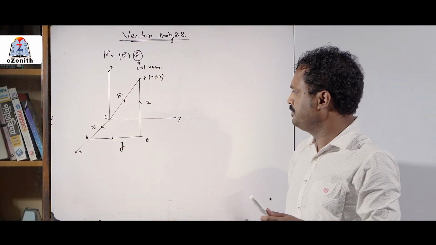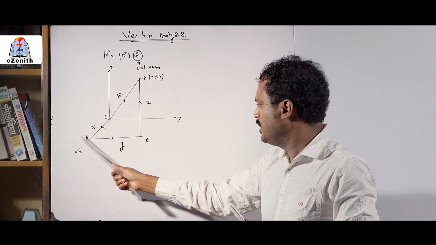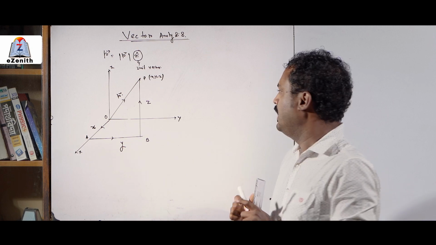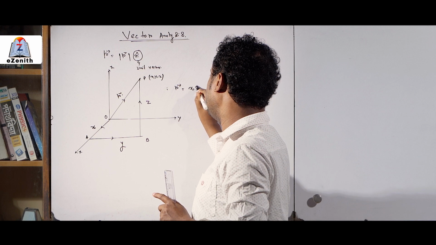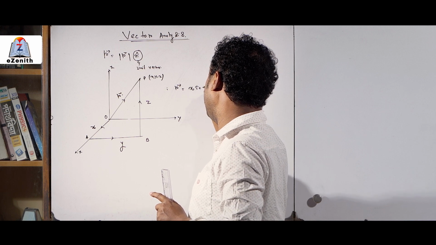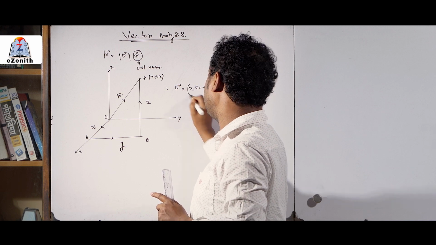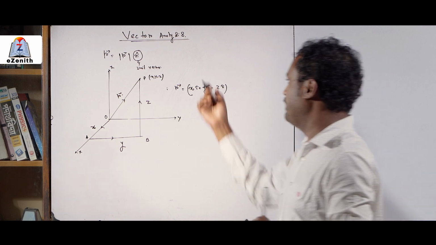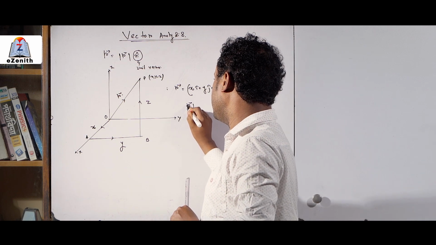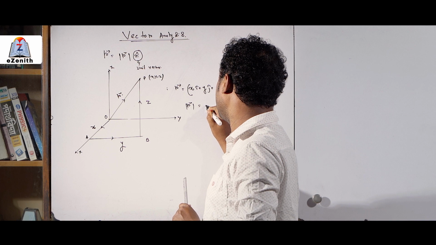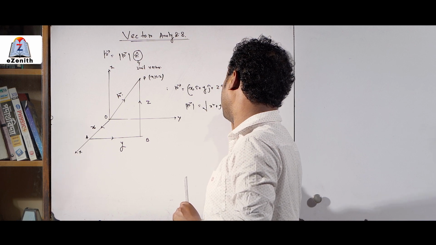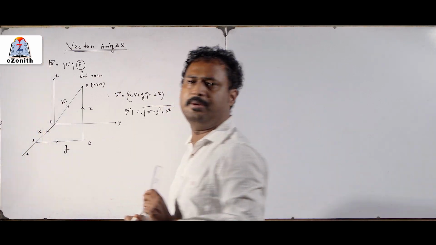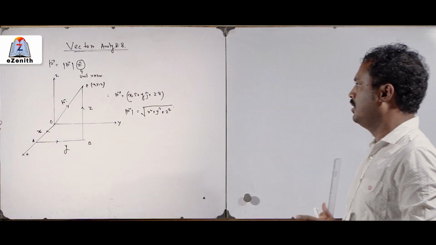So we have first x, then y, and then z. And the position vector is x i hat plus y j hat plus z k hat. And the magnitude of the vector is given by the square root of x square plus y square plus z square. That is from the previous classes.